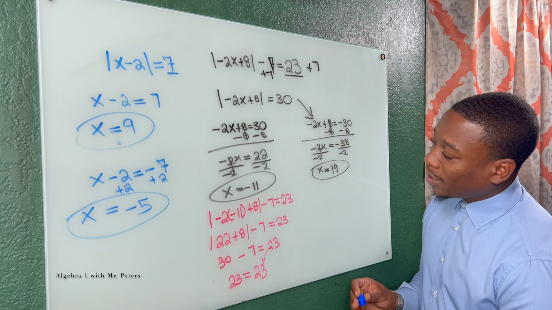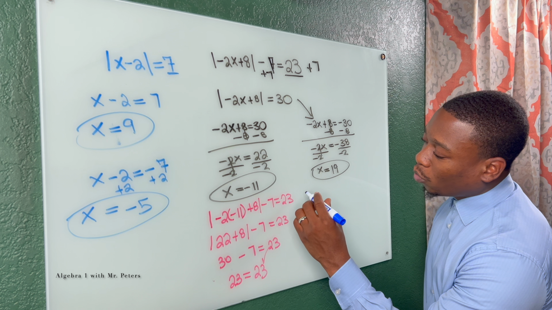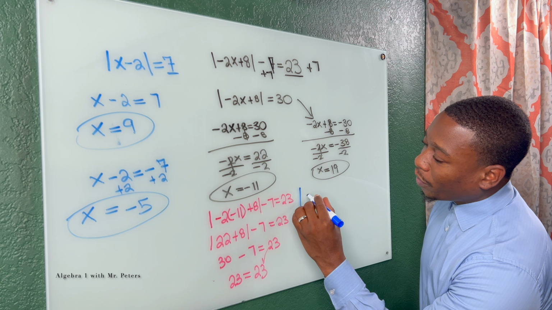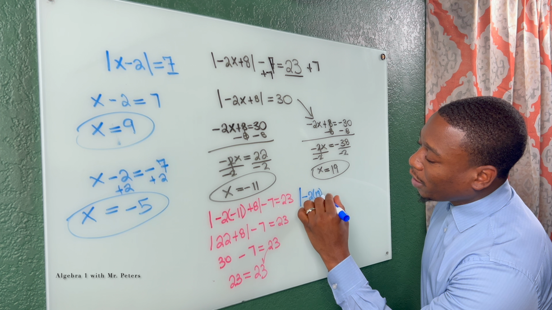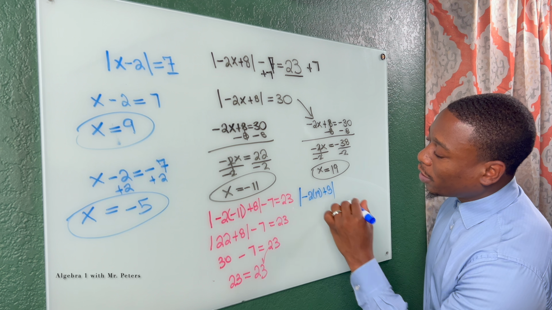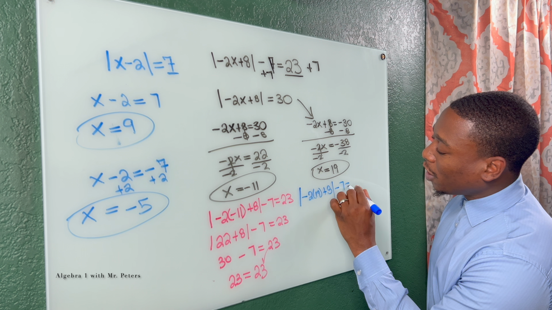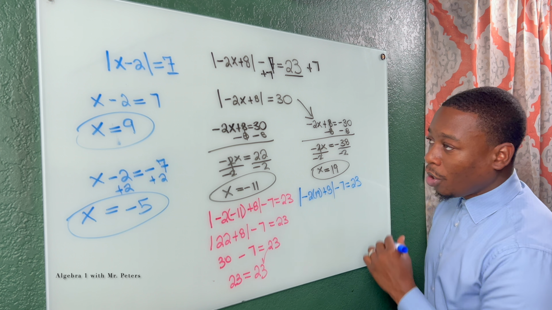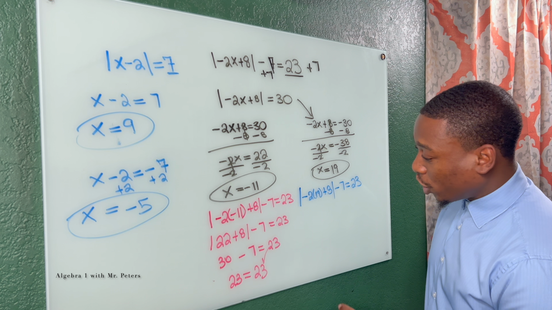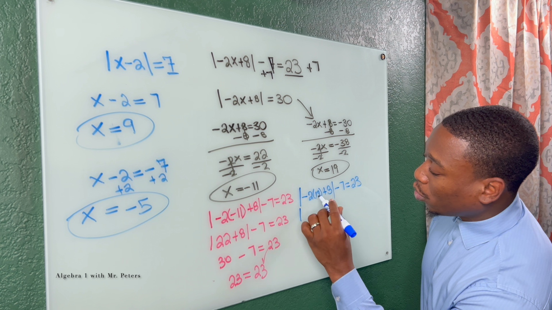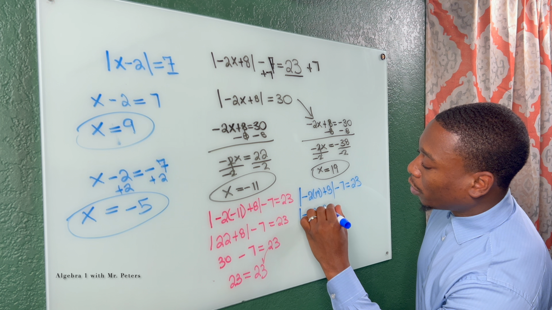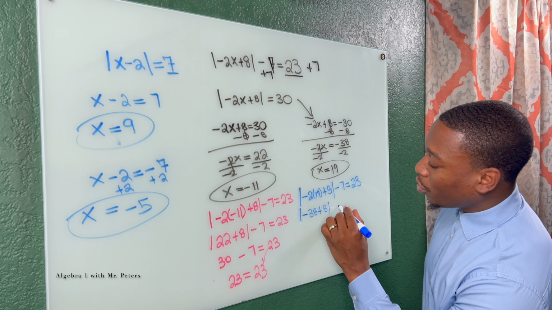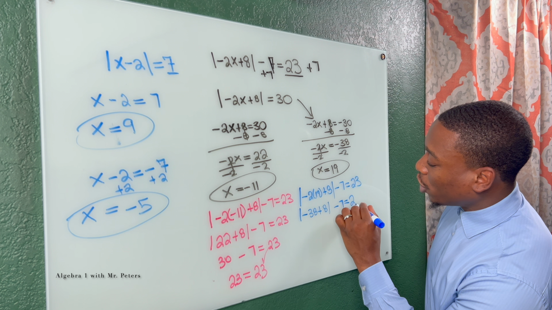Now when I go over to my second answer, x is equal to 19, we're doing the same thing. So you have the absolute value of negative 2 times 19 plus 8 minus 7 is equal to 23, right? We plug it into the original equation. So 2 times negative 19 is negative 38 plus 8, close the absolute value bracket, and we rewrite the rest of the equation.